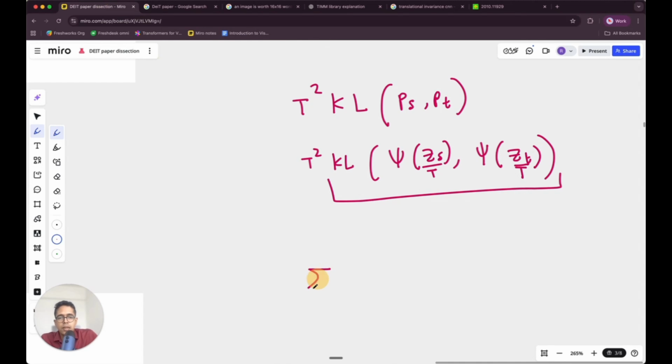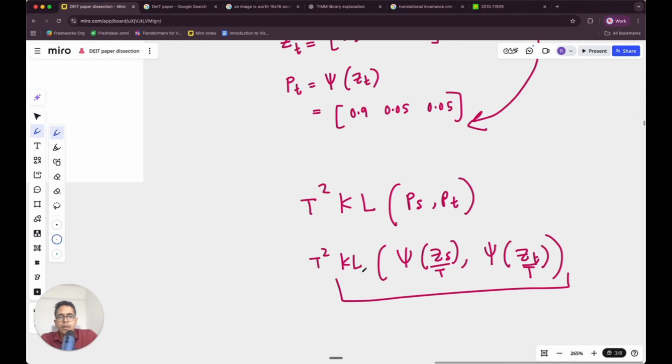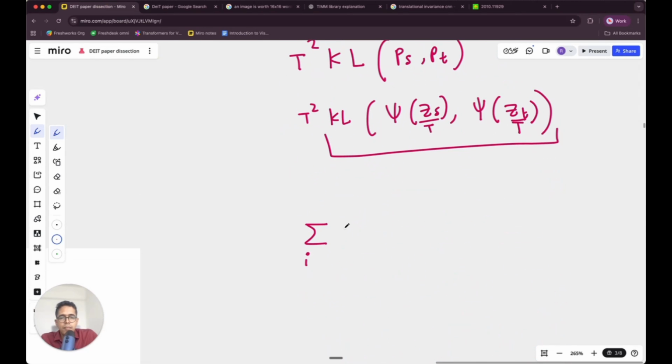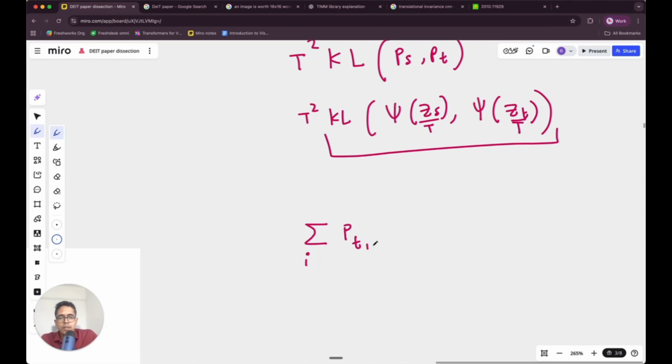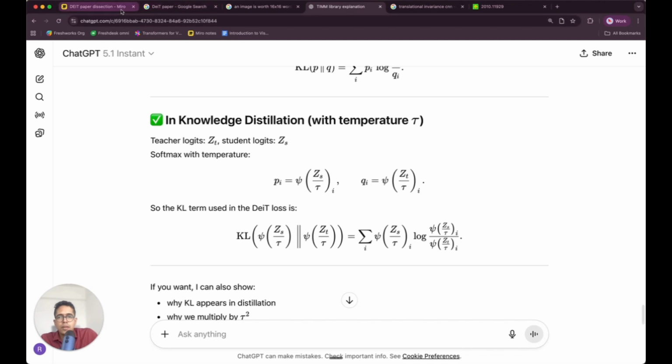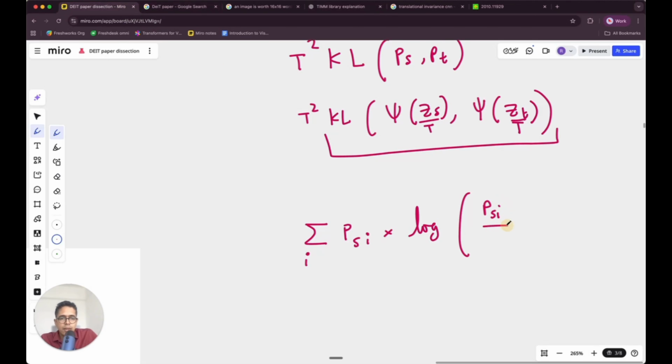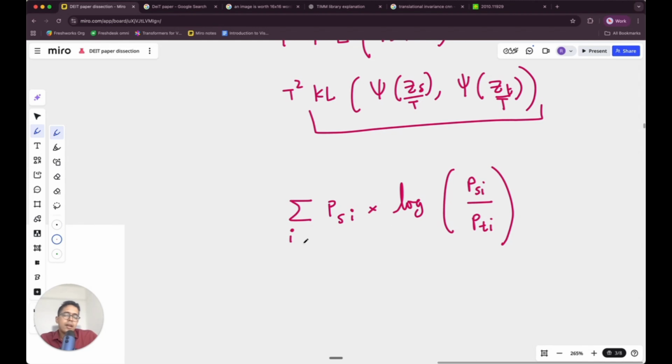So sigma over i of P for the student, the ith probability item for the student, multiplied by log of PSi divided by PTi. Now this i will run over how many items are there? There are 3 items. Here we are looking at 3 classes.